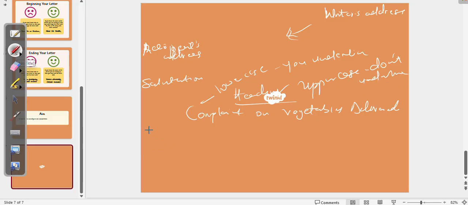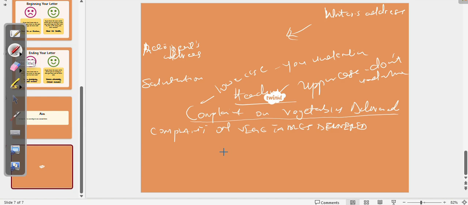For example, you write complaint on vegetables delivered. Now for this, which is lowercase, you underline. Oh wow, my line is actually straight. That's nice. All right, but because this is written in complete uppercase, you do not underline. Don't forget that. All right.